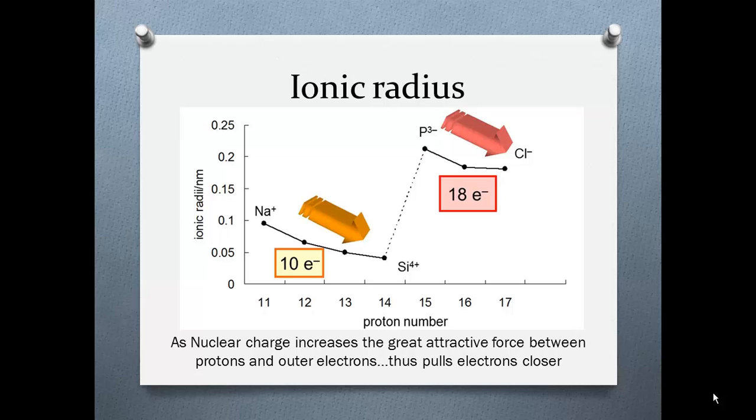But there's a big jump at phosphorus, because those ions are gaining electrons. The protons are still increasing, but you're gaining more electrons, causing the electron cloud to be larger. Then as you go across to chlorine, it does decrease because of the number of protons. The cations all have 10 electrons, and the anions all have 18 electrons. More protons means a smaller radius.